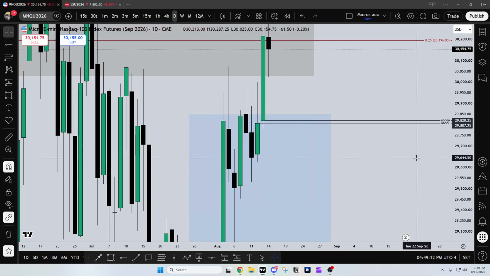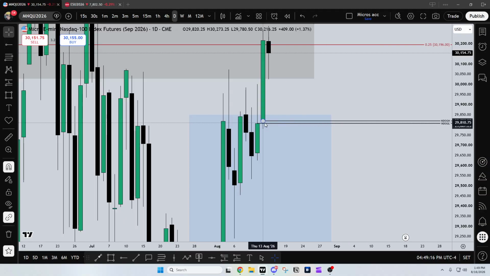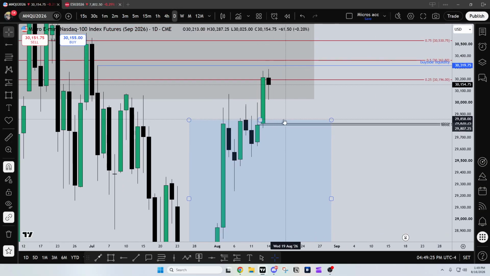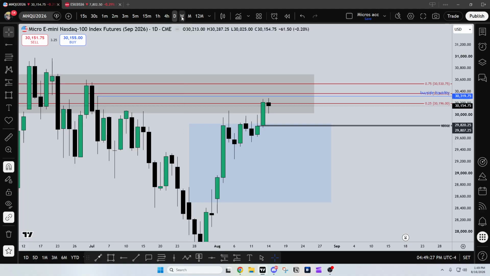I want to see us come down, tap into this new day opening gap that's unfilled. That's unfilled because that means we're also tapping into the weekly fair value gap.